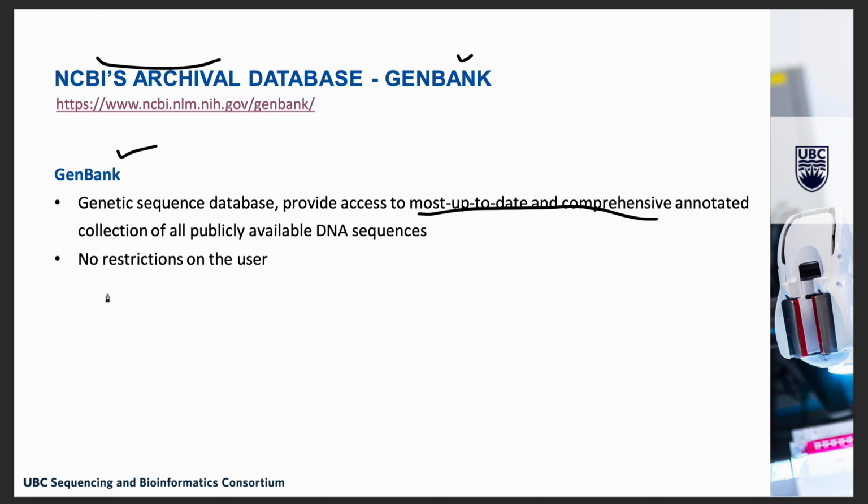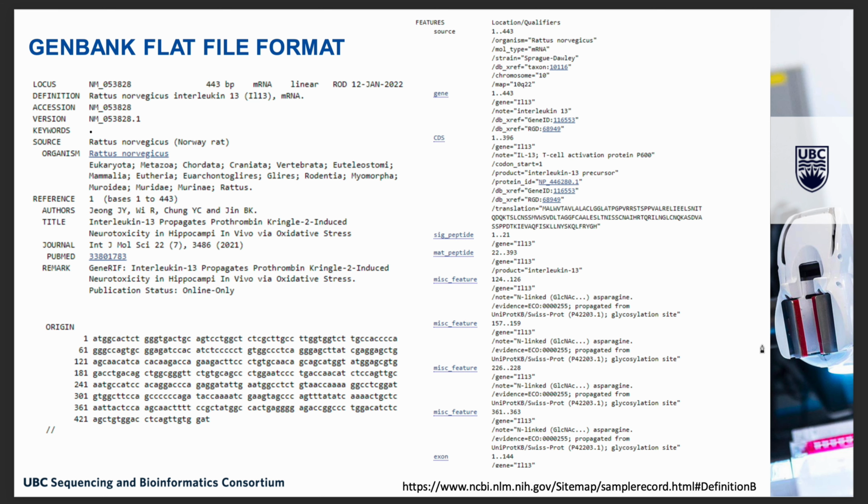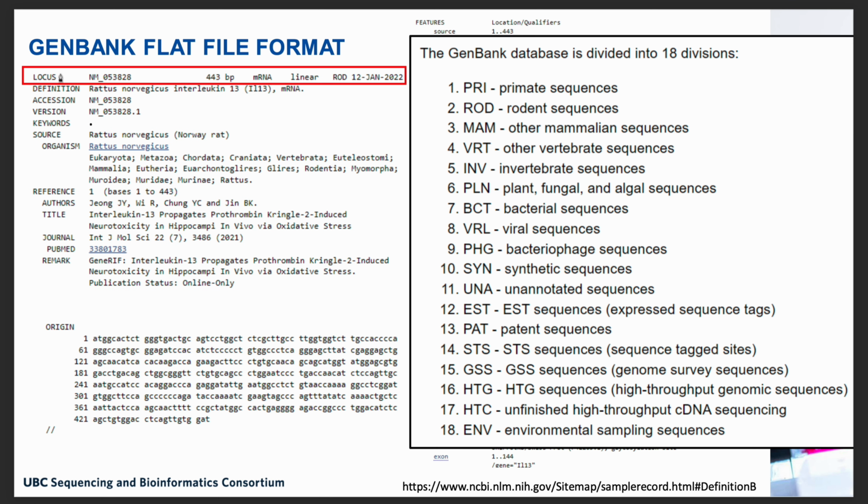There are no restrictions on the user to use this archival database. And whenever you see any file in GenBank, there is the GenBank flat file format, and we can see it one by one. You can see the first line begins with LOCUS, and here is its accession ID.